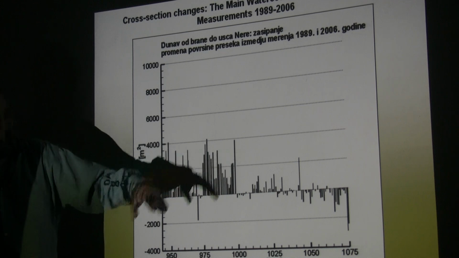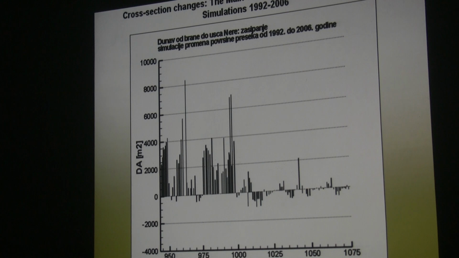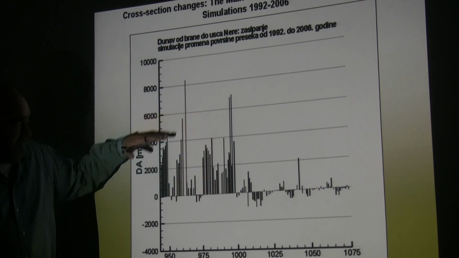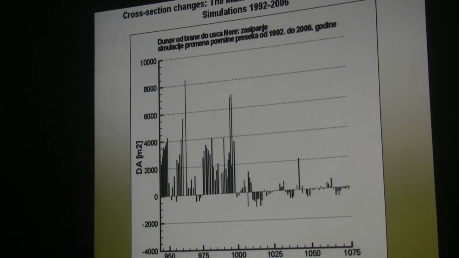And then upstream, there is intermittent deposition and erosion, which, when we simulate it, looks like this. We cannot expect exact agreement, but we did recover massive deposition with the model in the same area close to the dam, and again, at the upstream end, the intermittent deposition and erosion. The order of magnitude is similar.